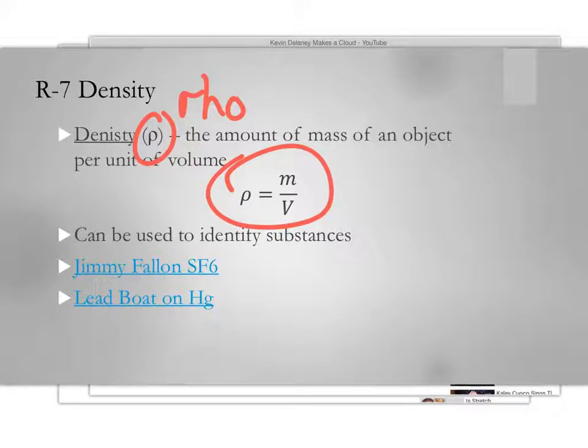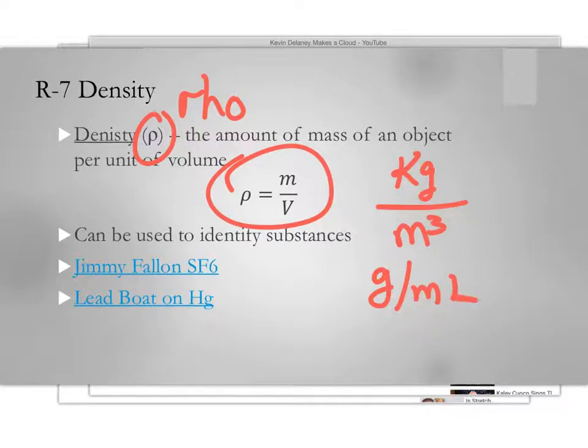So if we're looking at SI units of measure, mass is measured in kilograms, and volume is measured in cubic meters. Now, that doesn't really get used that often in chemistry. If it's a liquid, we're going to use most likely grams per milliliter. Or if it's a gas, it's grams per liter.